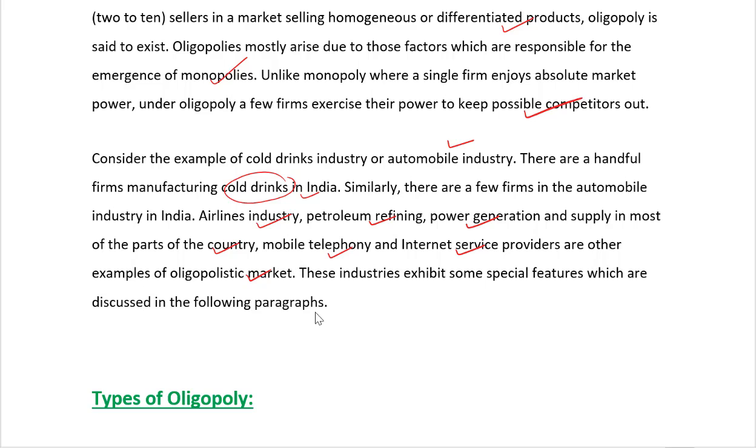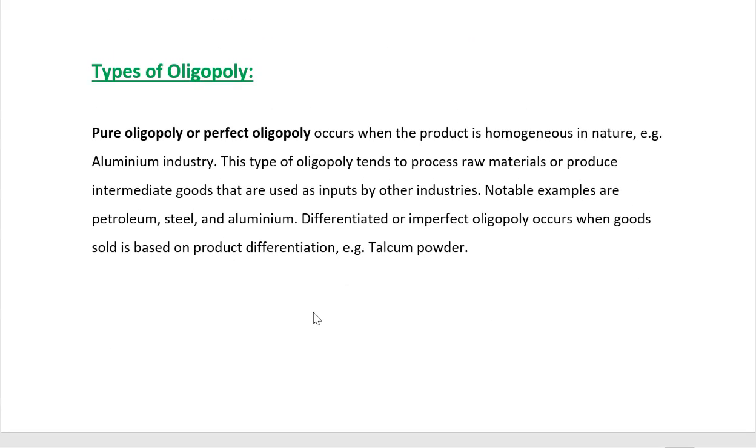Let's see the types of oligopoly now. The first type of oligopoly is pure or perfect oligopoly. A pure or perfect oligopoly occurs when the product is homogeneous in nature, for example the aluminium industry.